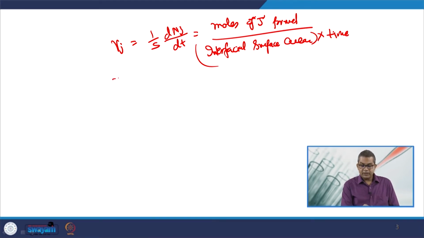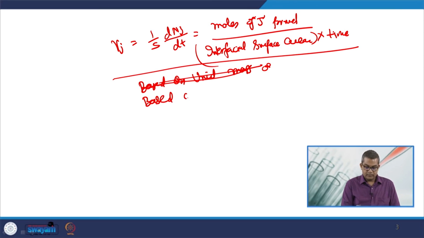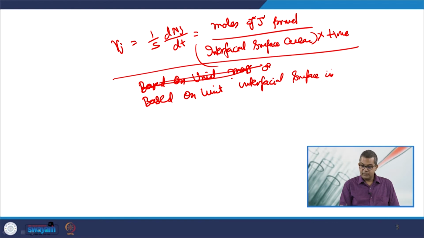So this is again a very important equation. This is based on unit interfacial surface in a two-fluid system.